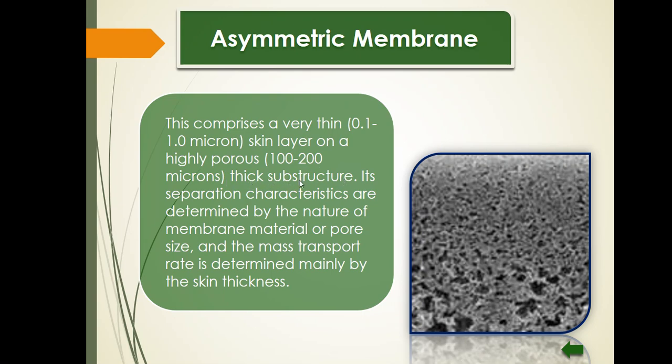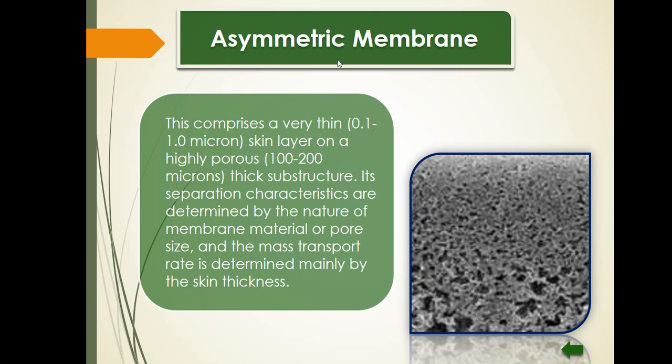So it's within this substructure, this 0.1 to 1 micron skin layer. Its separation characteristics are determined by the nature of the membrane material or pore size and the mass transport rate. So now it has something to do with the rate of diffusion, and it is determined mainly by the thickness of the skin that is being used here, and that skin is your asymmetric membrane.